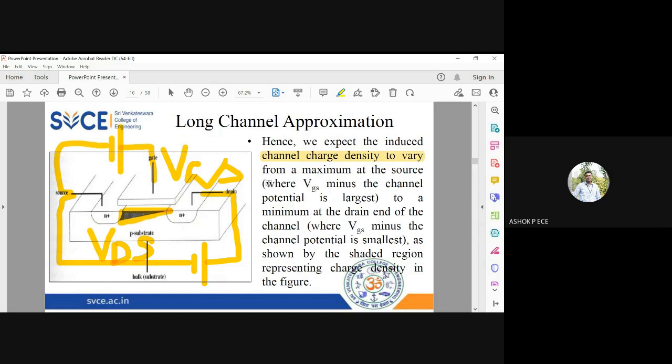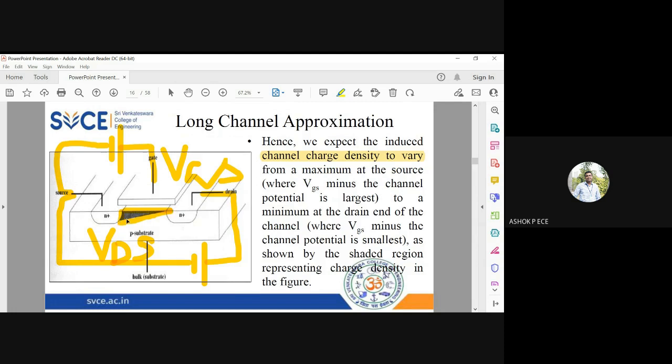And the potential, VGS minus channel potential, is also largest at the source side, and it becomes zero, or not exactly zero but minimal, at the drain side, representing the charge. So this triangular region represents the charge density.